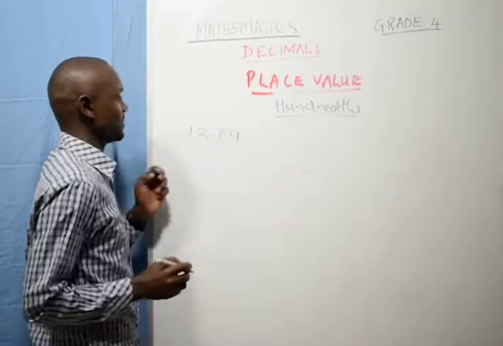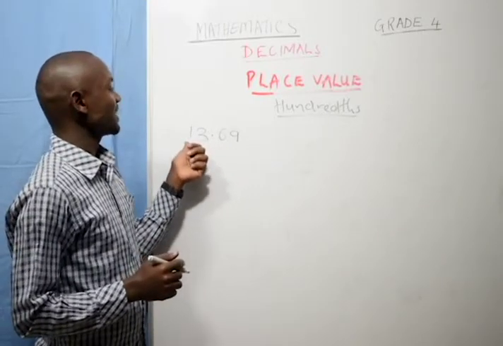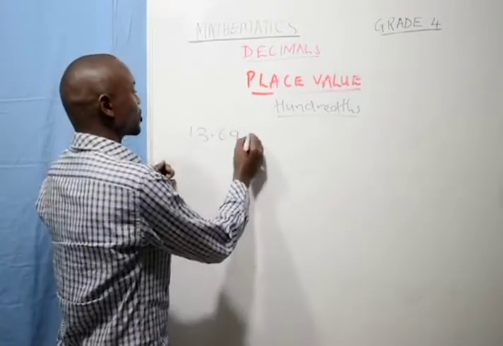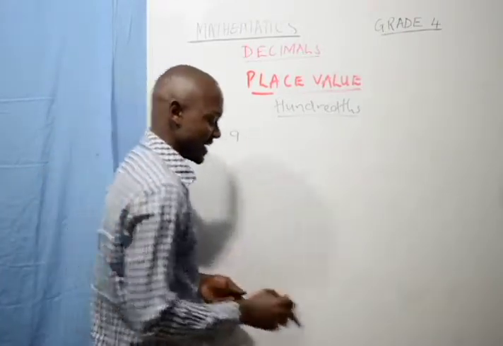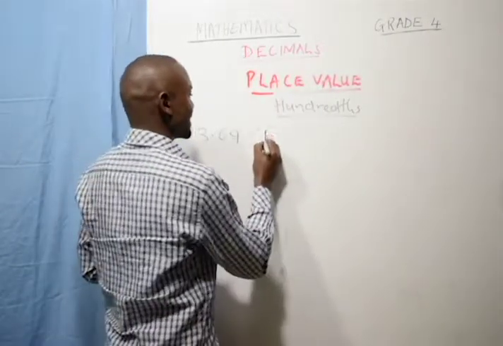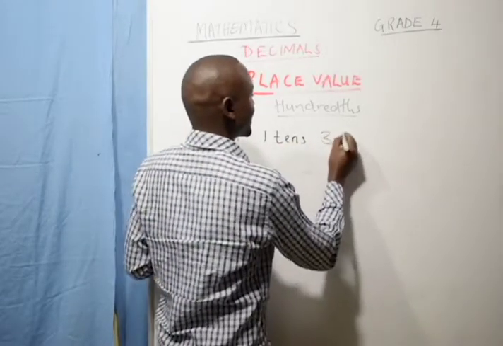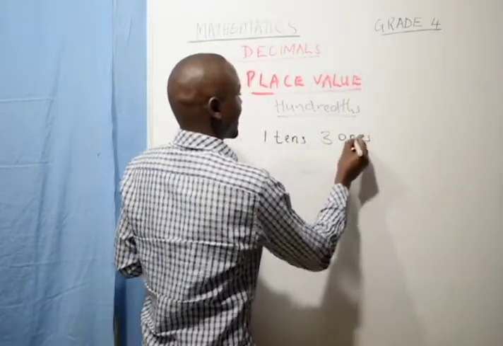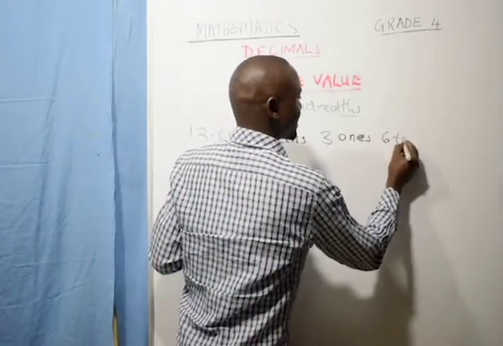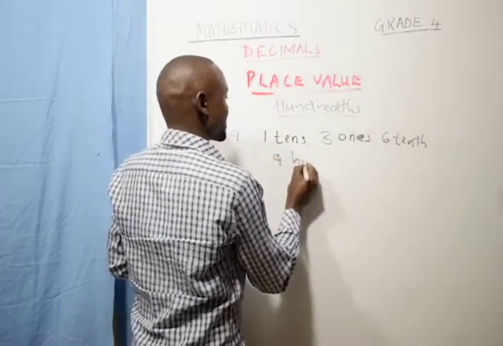In a number like 13.69, digit 1 is in the tens place value. We can read this number as 1 tens, 3 ones, 6 tens, and 9 hundreds.